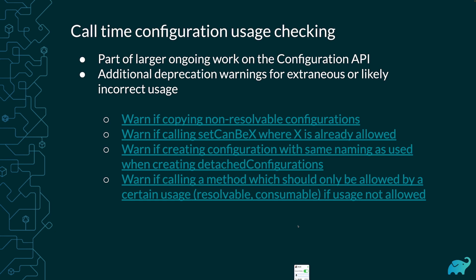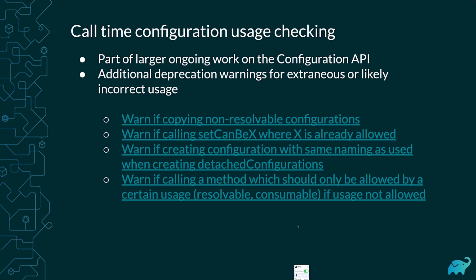Finally, and most importantly, we have been able to identify some methods on the configuration API that should only be called when the configuration allows certain usages. Some methods should only be called on resolvable configurations, some on consumable configurations, and some on configurations that allow declaring dependencies. Gradle will now warn whenever these methods are called on configurations which do not allow the needed usage.